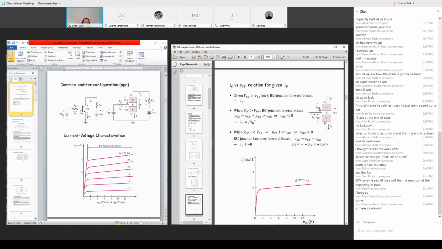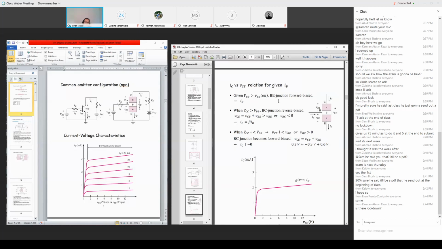And in that formula, because the base emitter junction is forward biased, that's positive, so the sum of the two terms must be more than the base emitter voltage. VCE will be greater than VBE. So in that case, the VBC will be negative, so it is reverse biased.